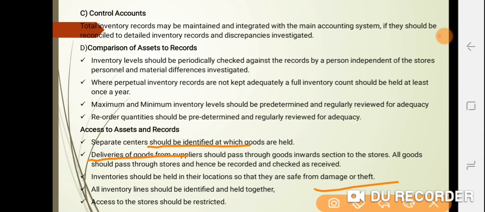All inventory lines should be identified and held together. Access to the stores should be restricted. So all these procedures the company has to follow for the effective management of inventory. Okay, so this is all with respect to control objectives and control procedures while testing the inventories.